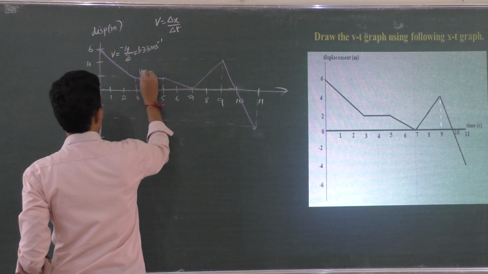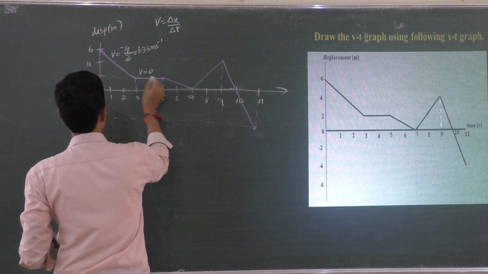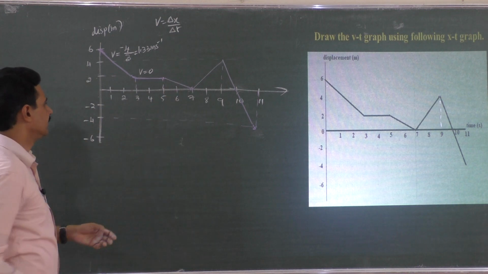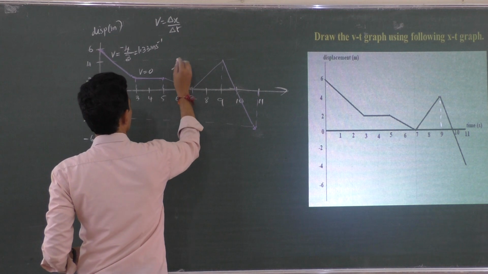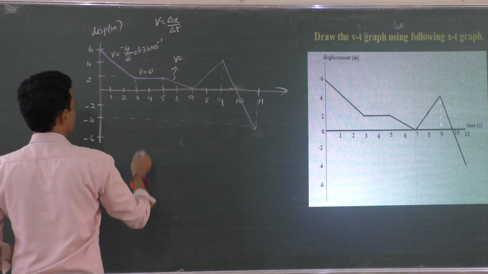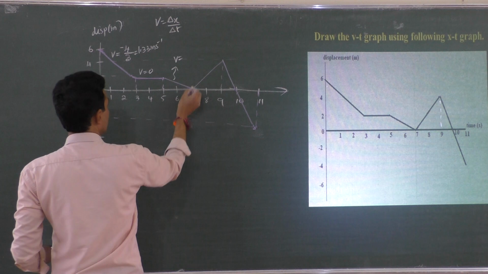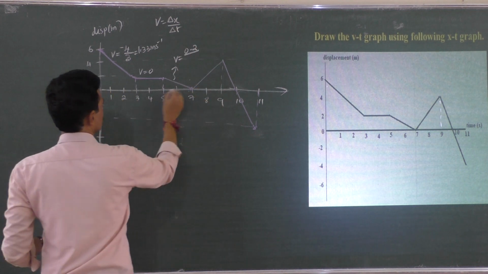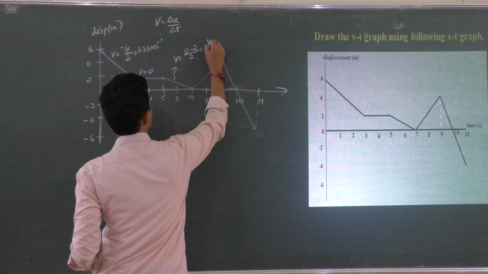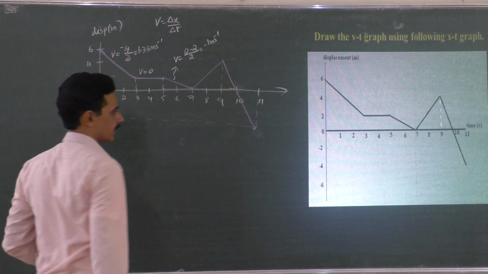Here velocity is 0 because there is no displacement, it is at 2 meters only, and the time taken is 2 seconds. What about here? Here velocity is displacement, 0 minus 2, minus 2 divided by time taken 2 seconds, so minus 1 meter per second, negative velocity.